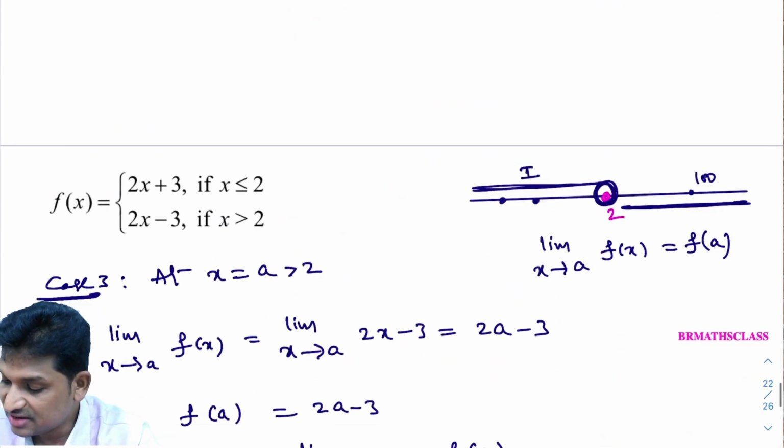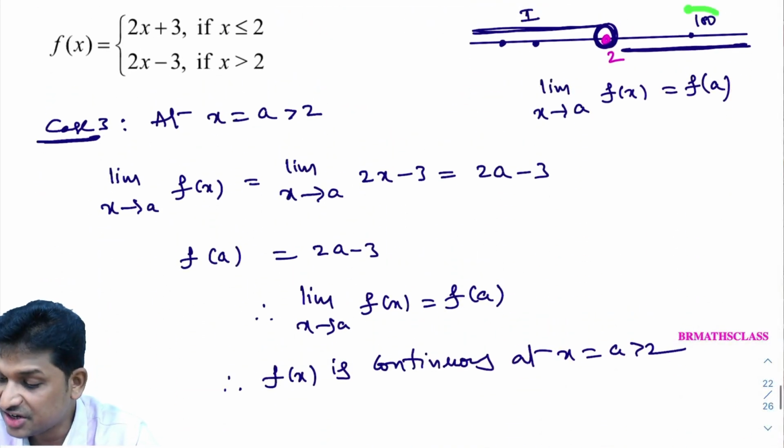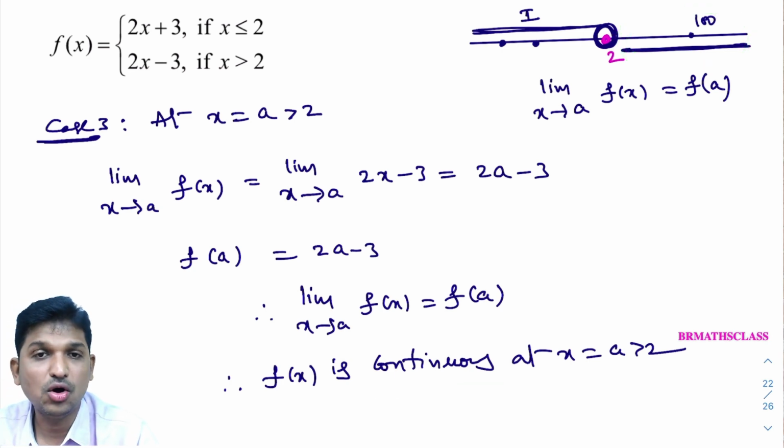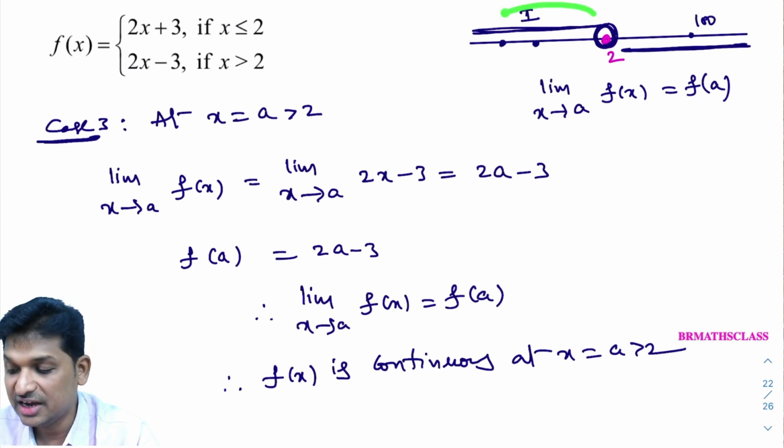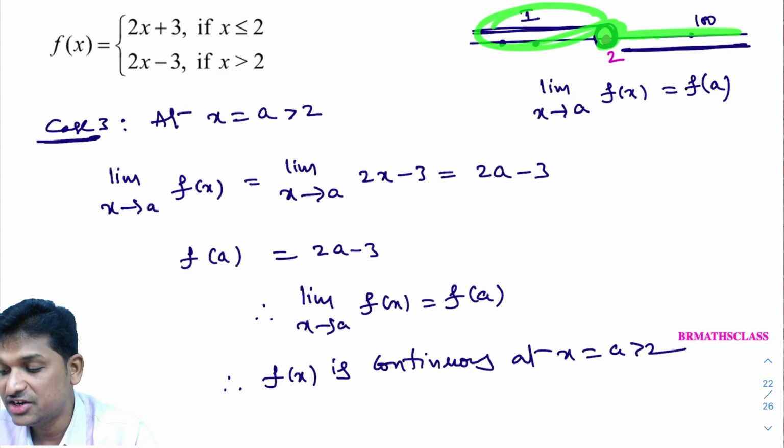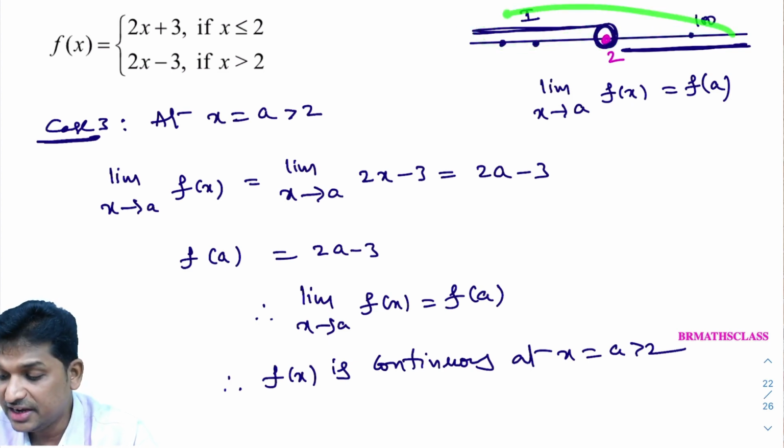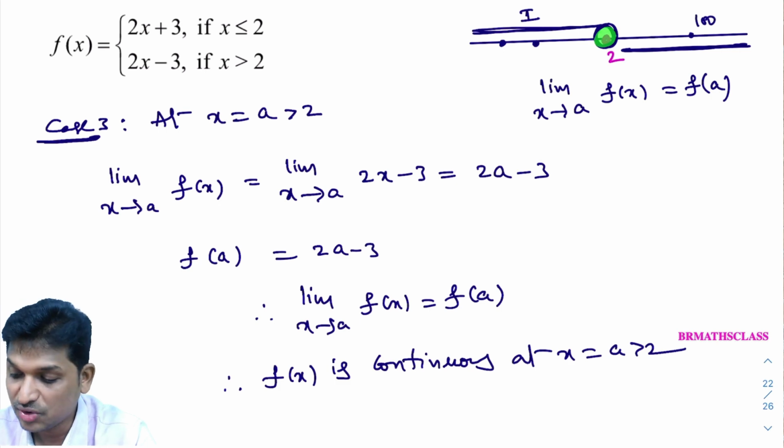In case 3, I checked continuity in this zone and came to know that it is continuous. What they are asking in the question is to find all points of discontinuity. I checked continuity here, here, and here. On the entire domain, this is discontinuous at this point. So what is the conclusion?